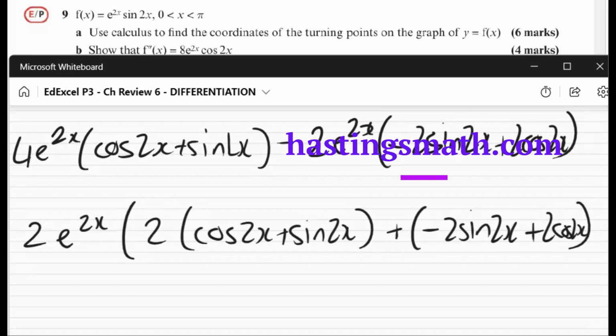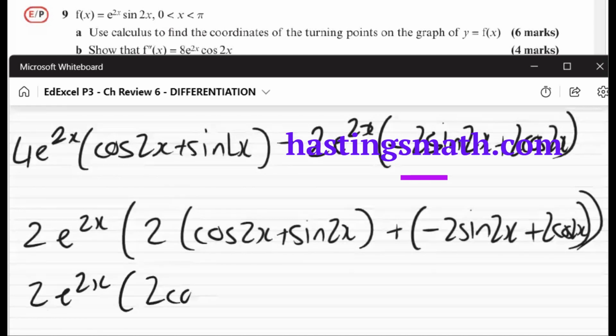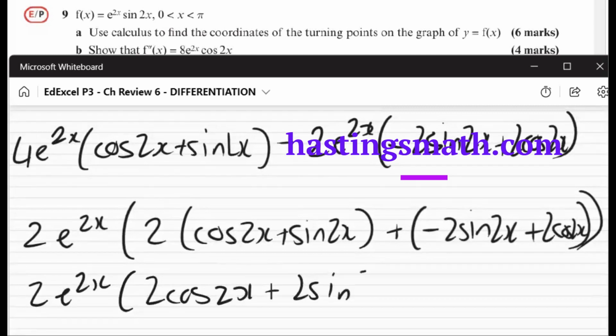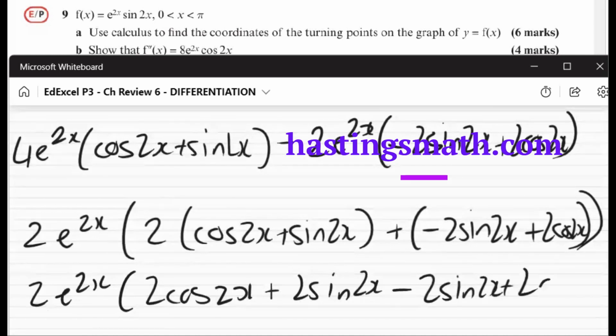Let's times this in and see what happens. e to the 2x times 2 cos 2x plus 2 sine 2x minus 2 sine 2x plus 2 cos 2x.